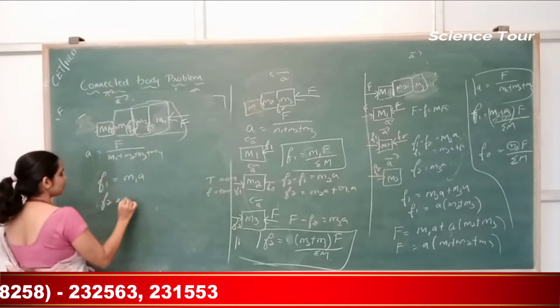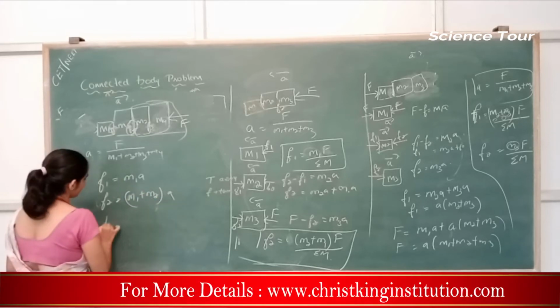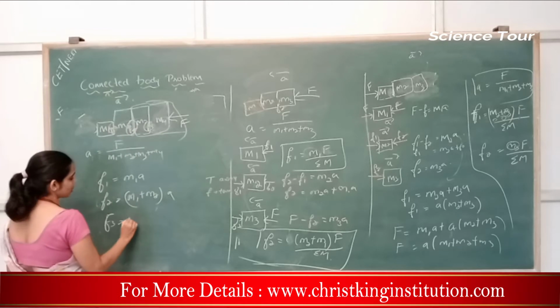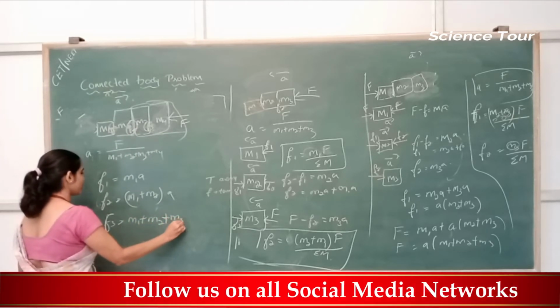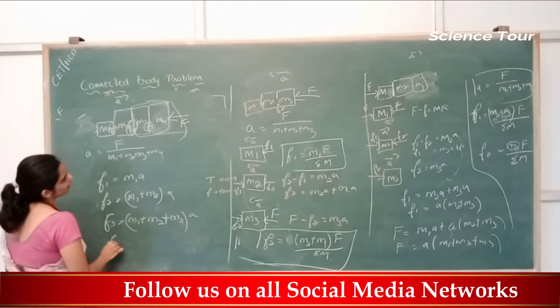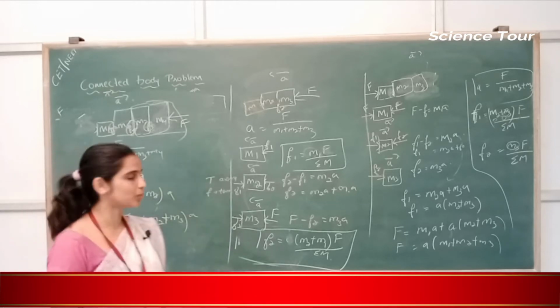So behind this, M1 plus M2 into A. F3 is equal to, this is F3. Behind this there are three masses, M1 plus M2 plus M3 into A. There is no F4, so F is equal to M1 plus M2 plus M3 into A.